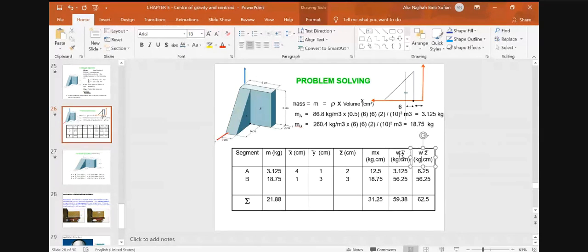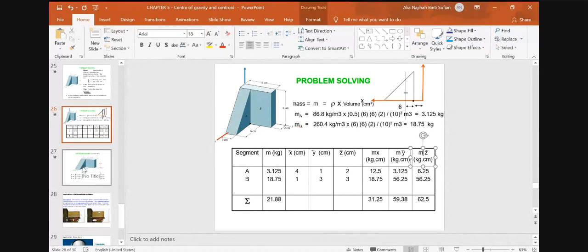These should all be M kilogram centimeter.